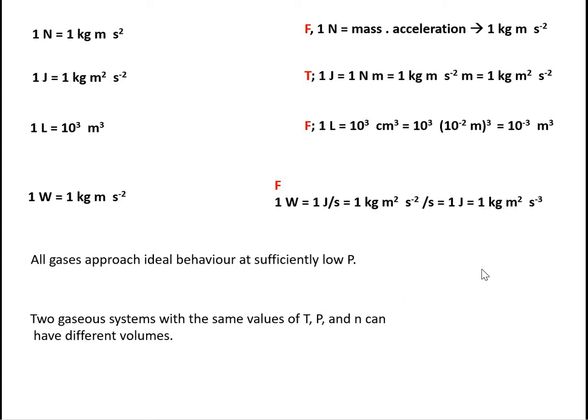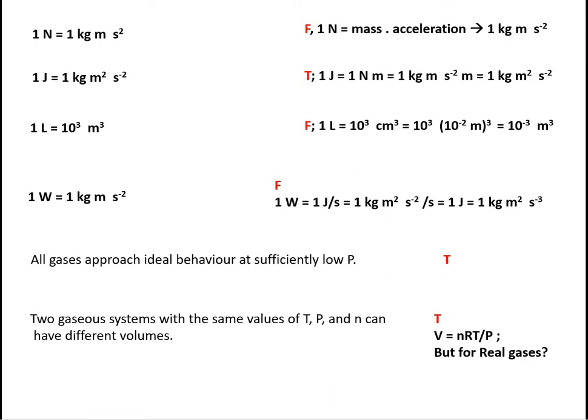Well, the next question. All gases approach ideal behavior at sufficiently low pressure. Yes, as we know. But the next question, again it is true? Two gaseous systems with the same values of temperature, pressure and n. So V is nRT by P. So it seems that okay, V is the same for all gases, but this is only for ideal.